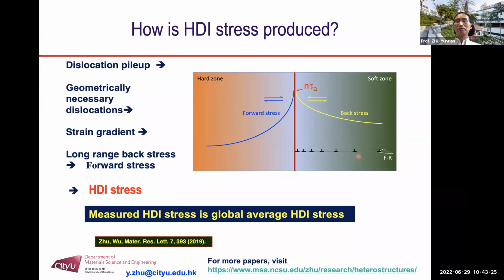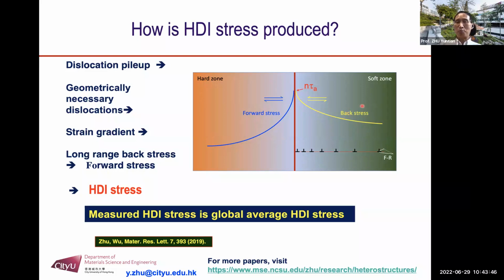So if you calculate the stress the dislocations have along this line, how they repel the follow-up dislocations, the stress profile will be like this. Follow this yellow line.